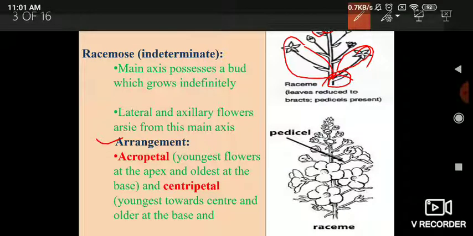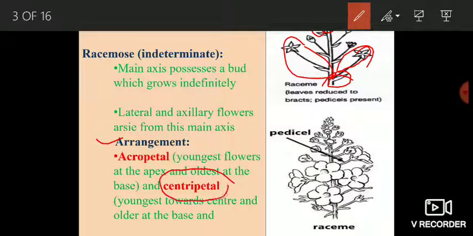Or it can be centripetal. In this type, the youngest flowers are located towards the center of the inflorescence, and the older ones are located at the base and apex. When we discuss the types of inflorescence, you will come to know about the centripetal arrangement of flowers in racemose inflorescence.